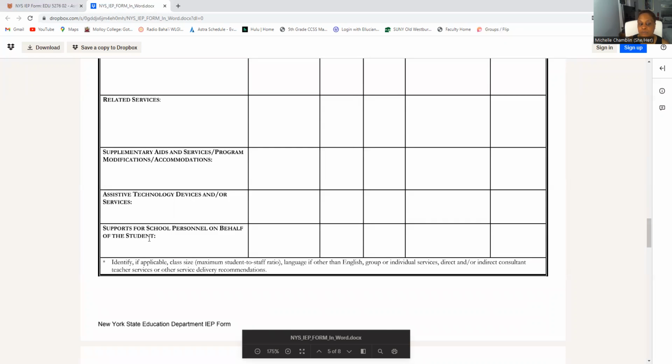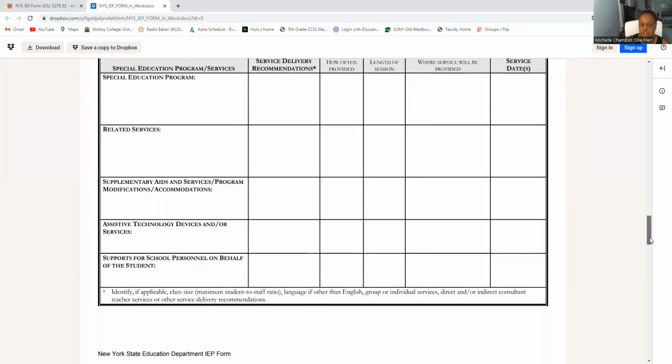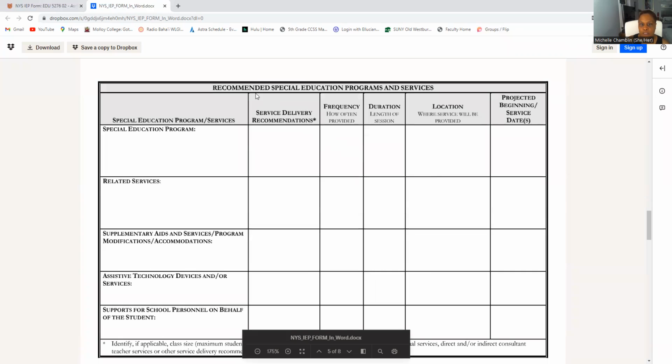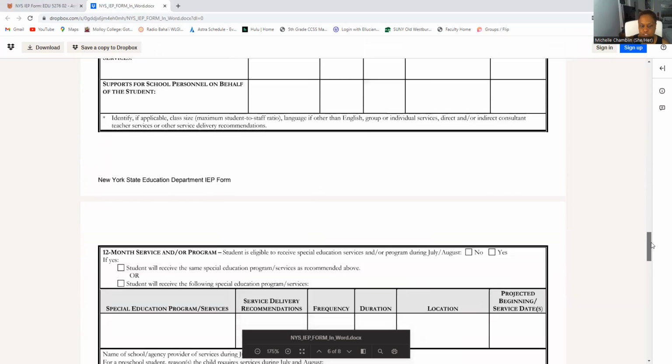And if we're recommending support for school personnel on behalf of the student, that information would go here. So perhaps everyone needs training in a particular area because those who are working with the student may need to know this pertinent information. That could be a variety of things. And these are the services that would be implemented for the student.